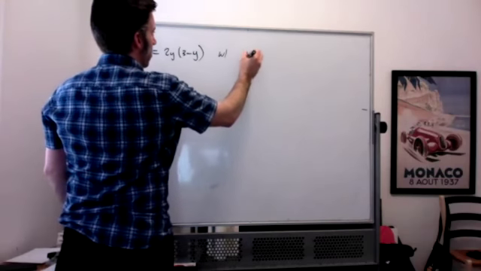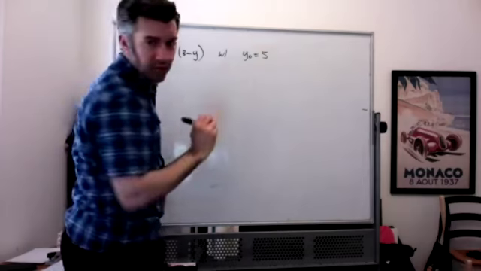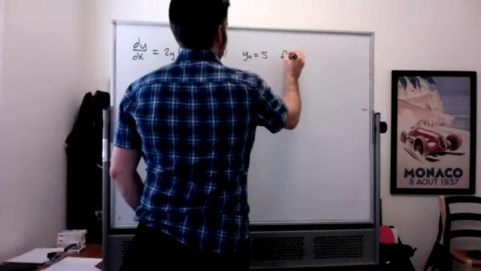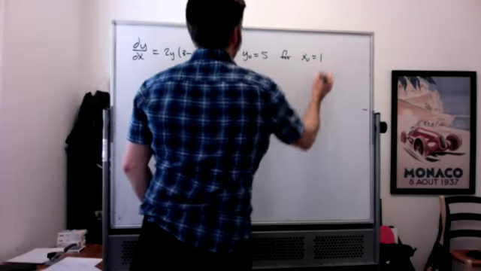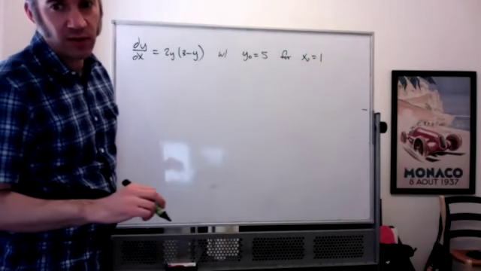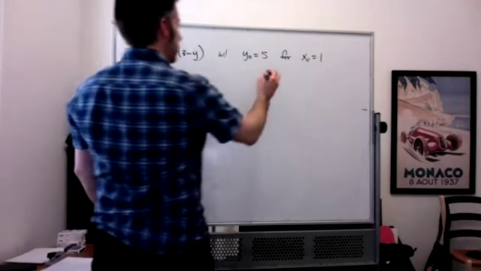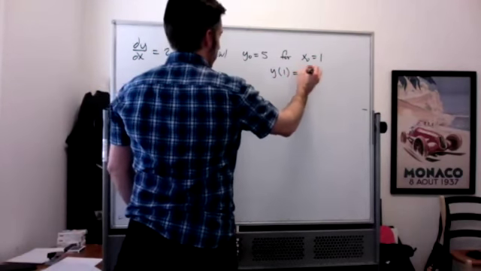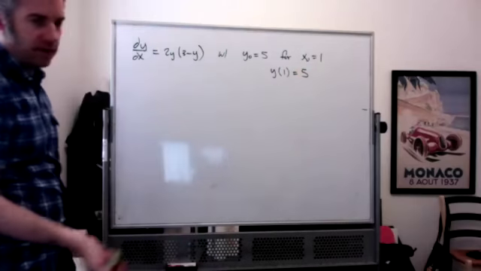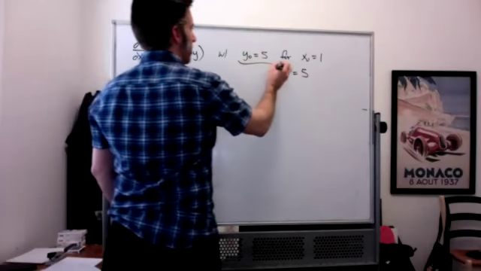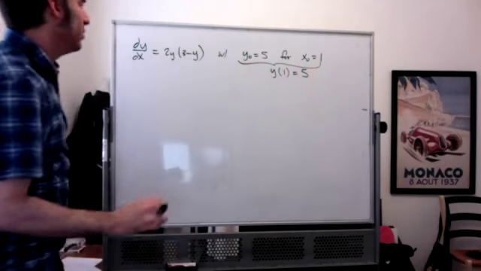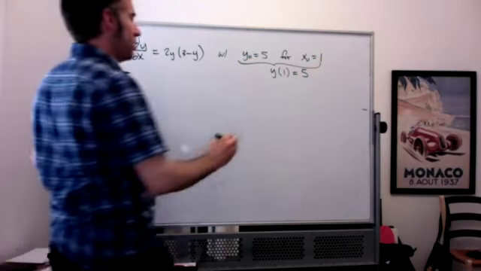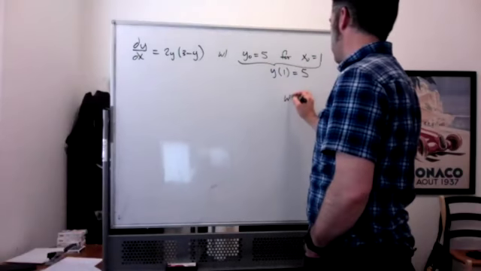With y not equal to 5 when x not equal to 1, which I would personally write as y of 1 equal to 5. But that's fine. So I just want to point out, the second part of this question asks, what happens as x goes to infinity?